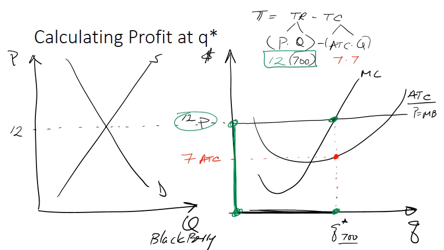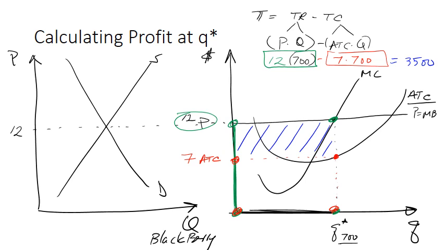$7 times 700 then is going to give us our total costs. Total revenue minus total costs is going to give us our profits. Our profits are going to be 5 times 700. We're going to have profits of $3,500. And graphically, it is the difference between our green box and our red box as denoted here.